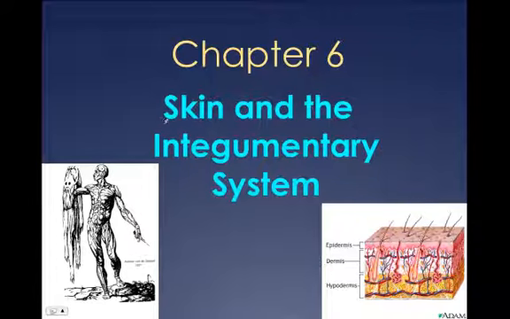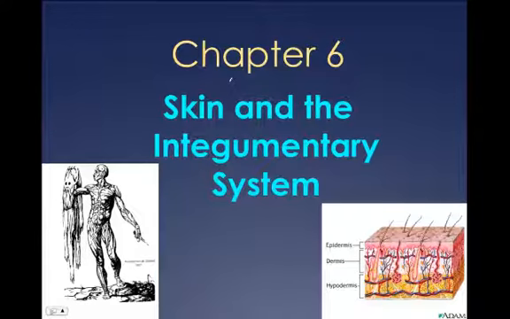Now this will be our first organ system chapter, and from here on out, the rest of the course is going to be structured based on chapters broken up into these different organ systems. In each of these chapters, we're going to talk again about how cells have come together for a common function.